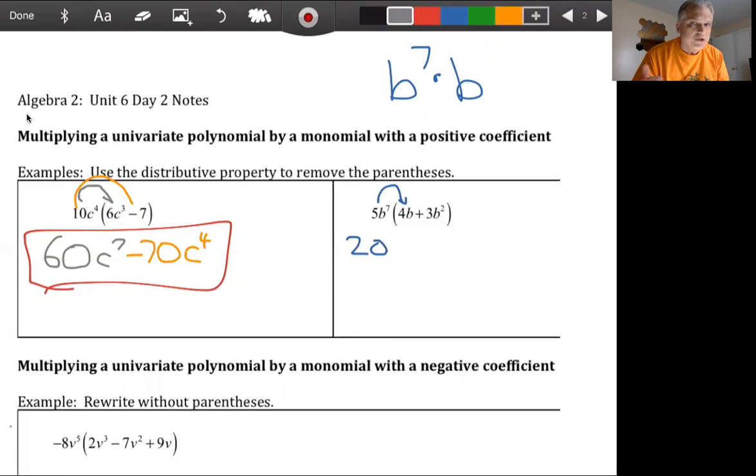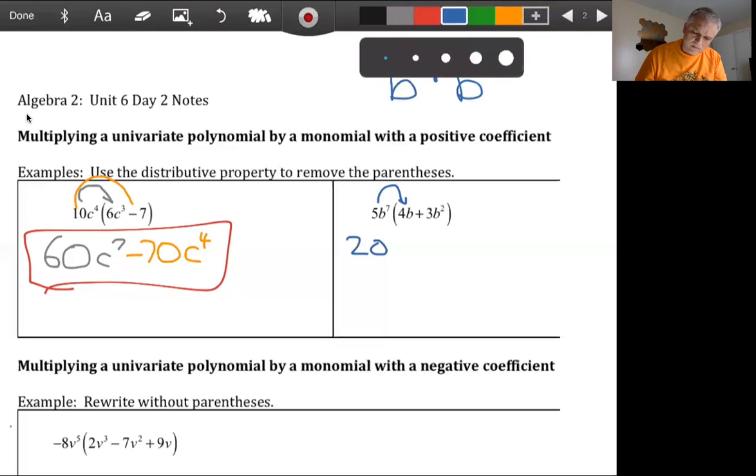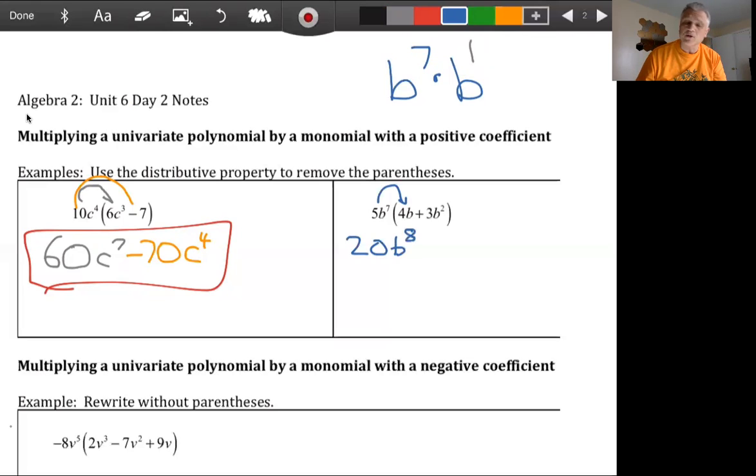So remember, in math, if there's no exponent written, we understand that it is 1. Just like if there's no coefficient, we understand the coefficient is 1. So b to the 7th times b to the 1st is b to the power of 8, because 7 plus 1 gives you 8.